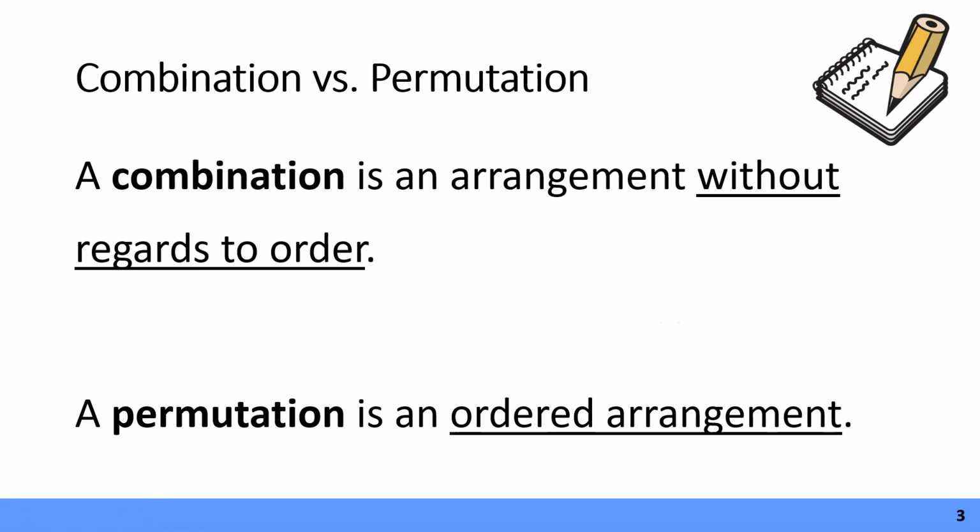Now, like I said, we've already covered permutations, and now we're going into combinations. So I have to make sure that you know the difference between both of them. Like it was defined earlier, a combination is an arrangement without regards to order. If you remember, the definition of a permutation is an ordered arrangement. So pretty much the difference is that in a combination order does not matter, and in a permutation order does matter.